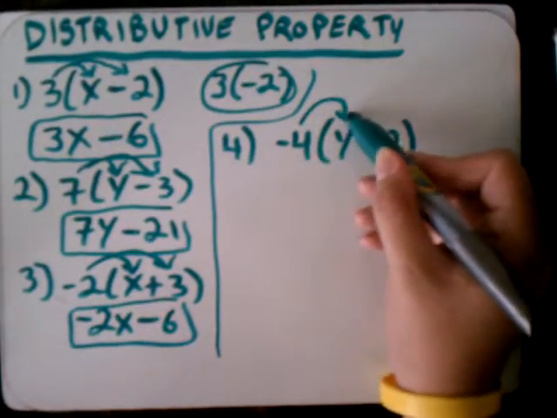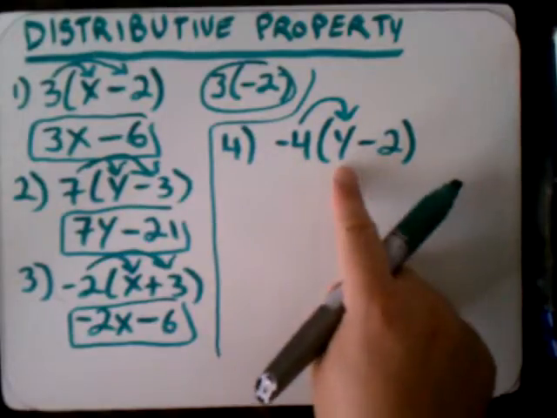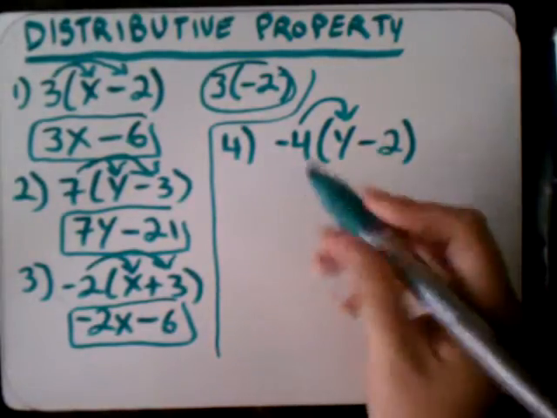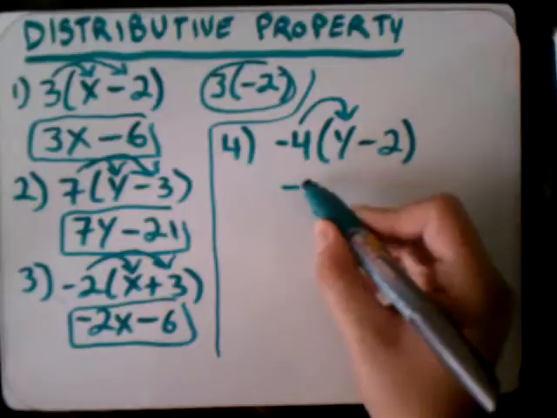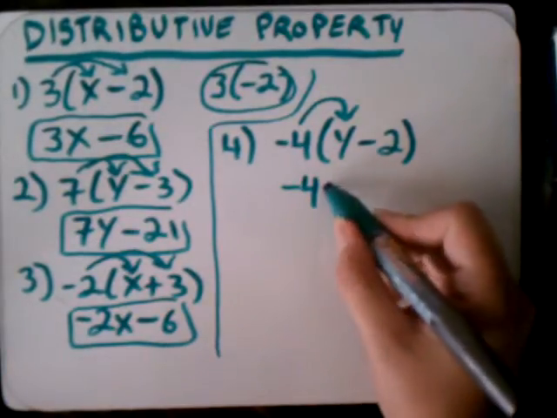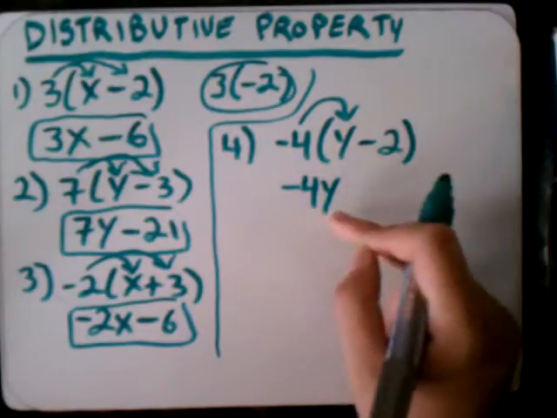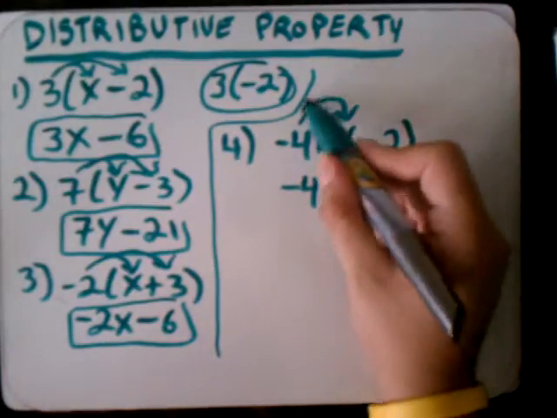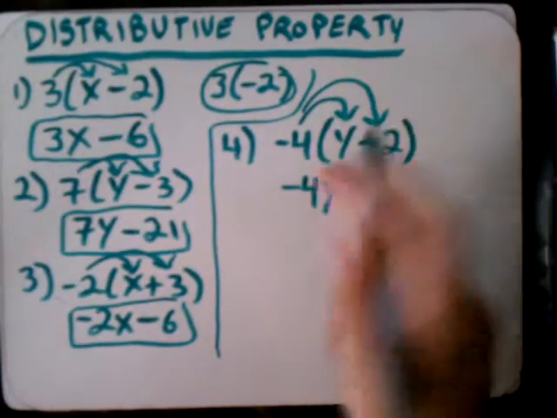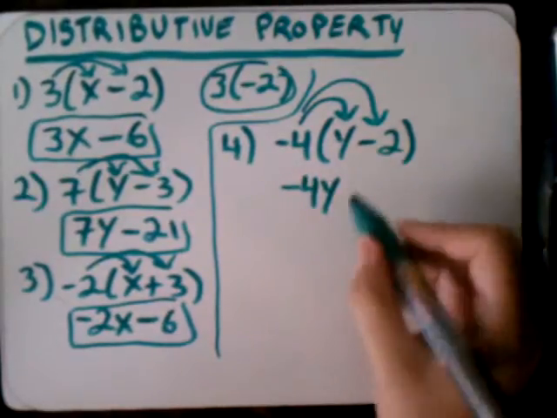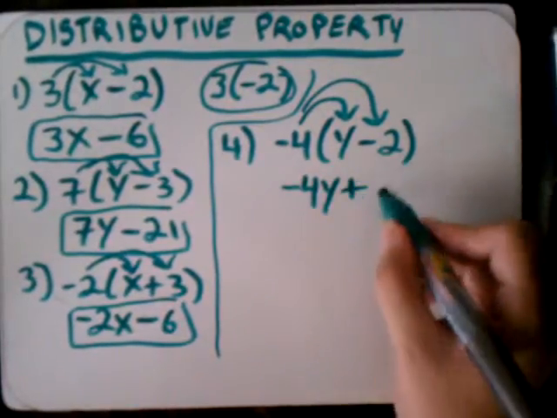The outside multiplies the inside. The negative 4 is going to multiply the y, and like we said before, number and variable, you just write them together. 4 times y is negative 4y. And then negative 4 times negative 2, negative times negative is a positive, and 4 times 2 is 8.